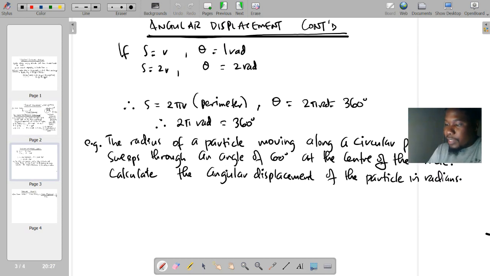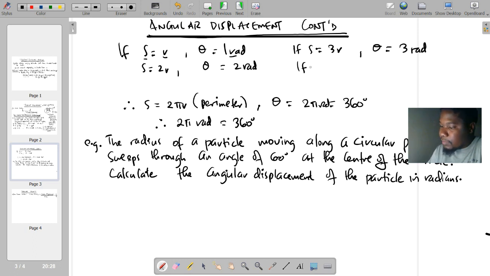Now what we're saying is that if S is equal to r, the angular displacement is 1 radian. If S is equal to 2r, the angular displacement is 2 radians. And if S is equal to 3 times the radius, at that point the angular displacement is equal to 3 rads, okay?